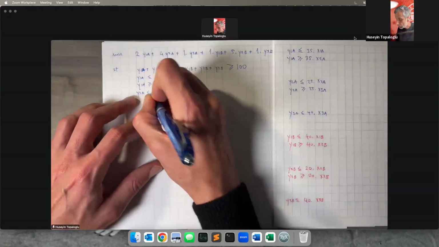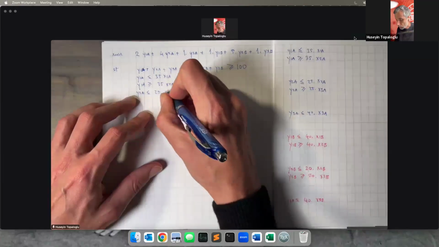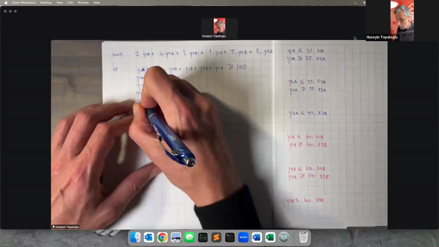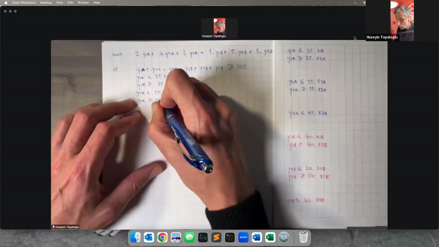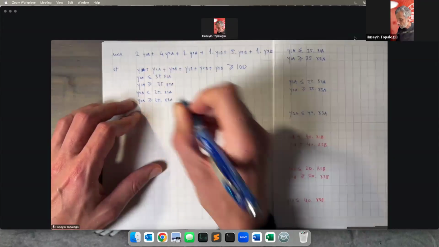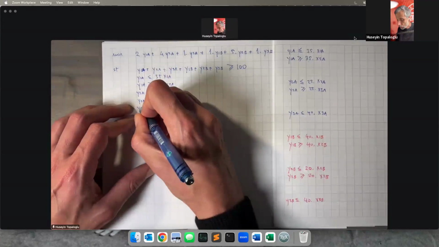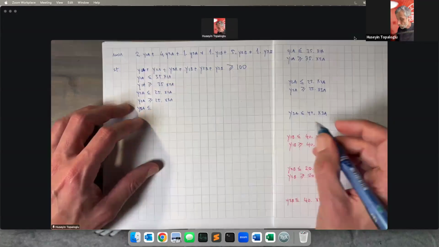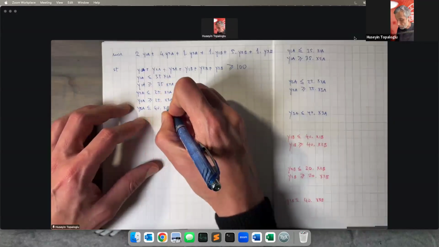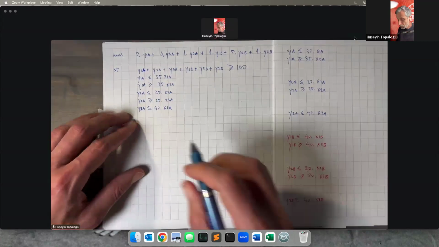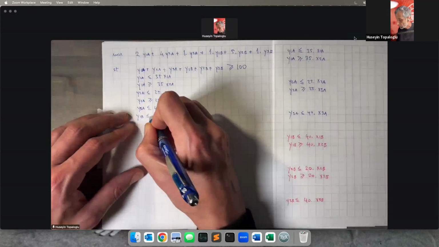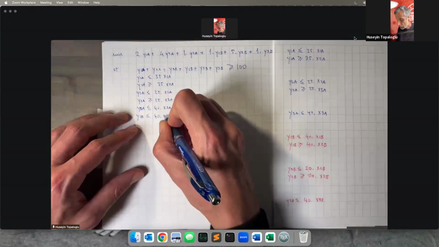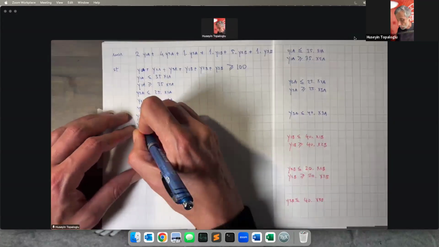Y2a is less than or equal to 25 x2a. Y2a is greater than or equal to 25 x3a. Y3a is less than or equal to 40 x3a. Good. These constraints. Y1b is less than or equal to 40 times x1b.